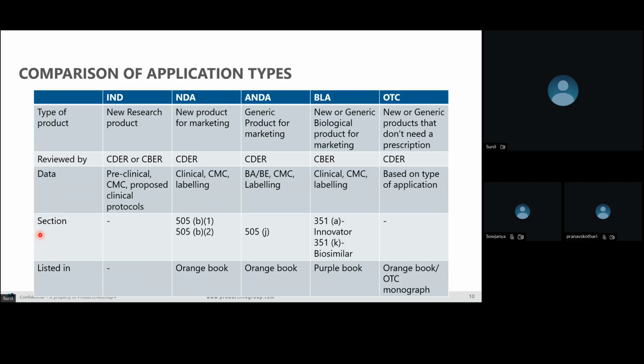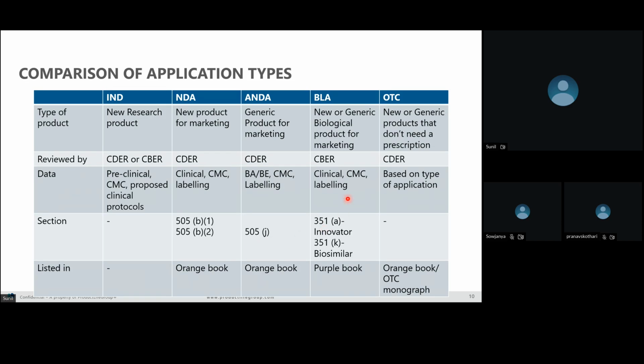Which section under the Act governs this application? For NDA, there are 2 sections, 505(b)(1) and 505(b)(2) under the Food, Drug and Cosmetic Act. For ANDA, the section number is 505(j) under the Food, Drug and Cosmetic Act.